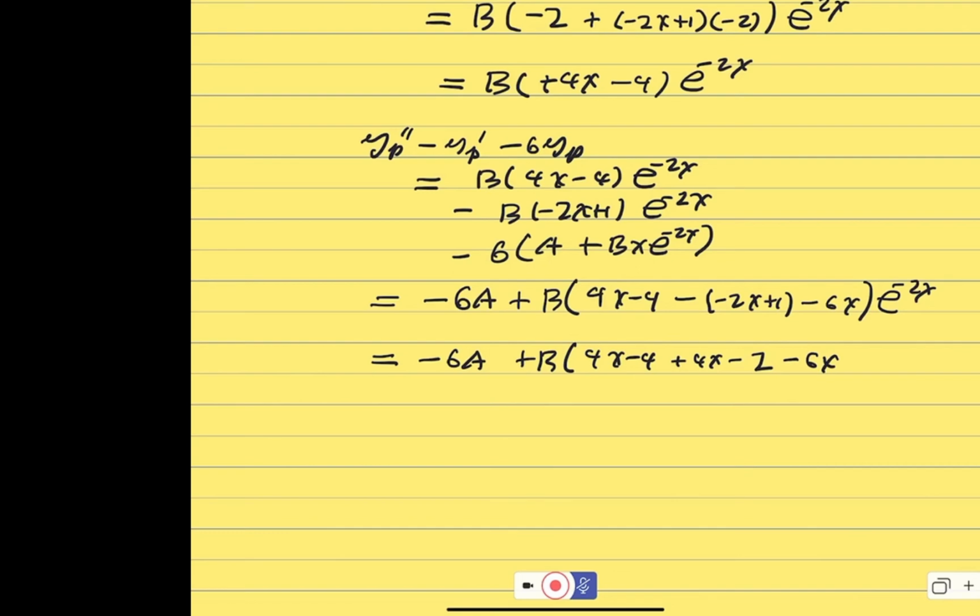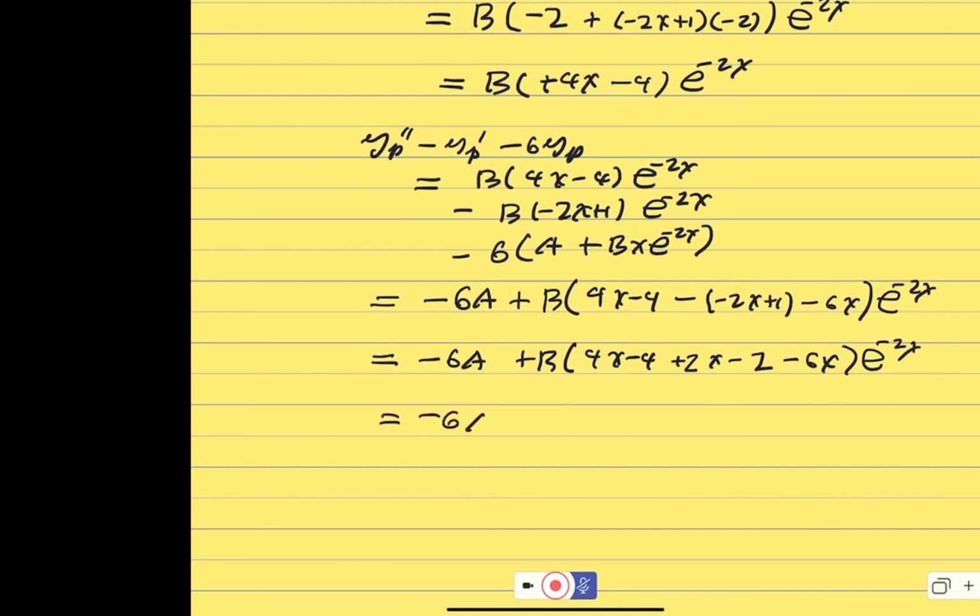I've got an error in there. This should not be a 4. This should be a 2. Let's check it. 4x minus 4 is right, distributing that in. Minus 2x minus 2, and then minus the 6x. Close it off, e to the minus 2x.